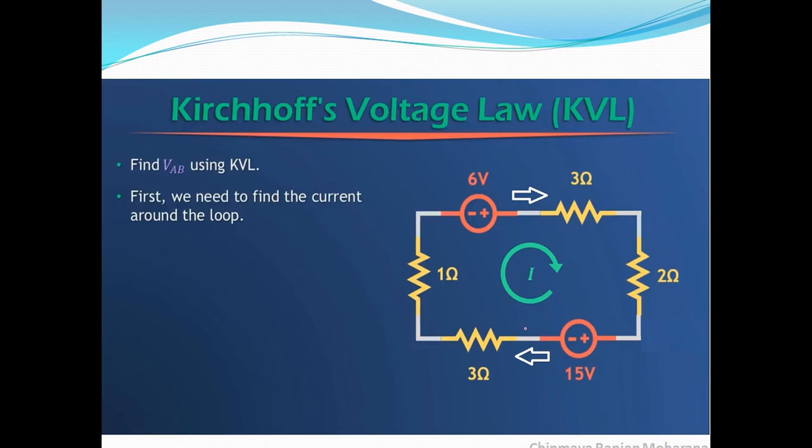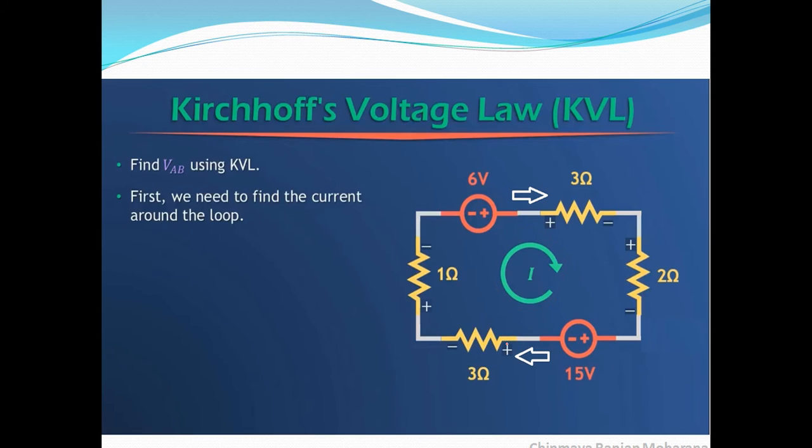We discuss this KVL, Kirchhoff's voltage law. We are calculating here, and we assume that our loop is in this direction. For that we first have to ensure the notation of the elements we have connected here.